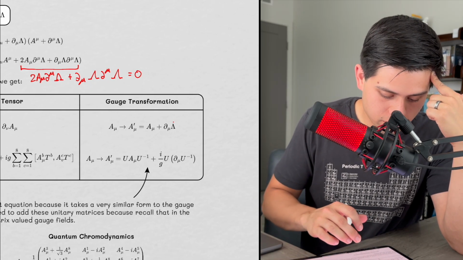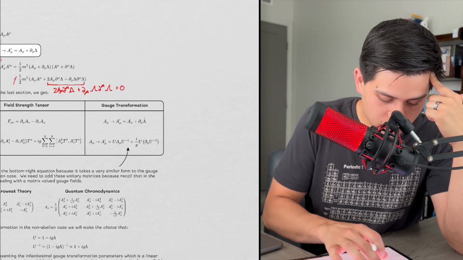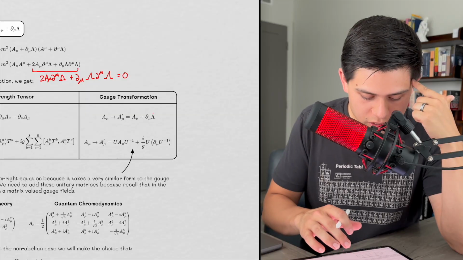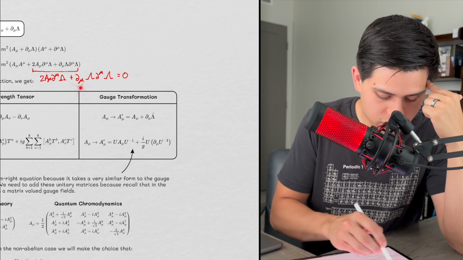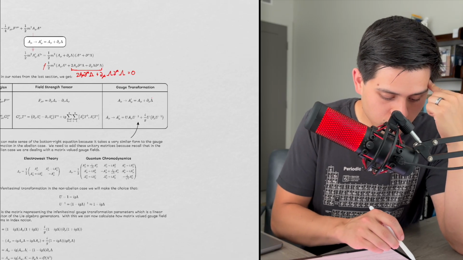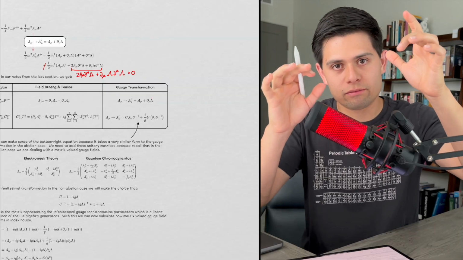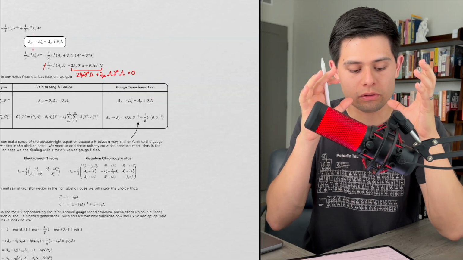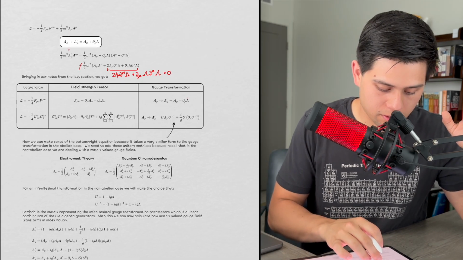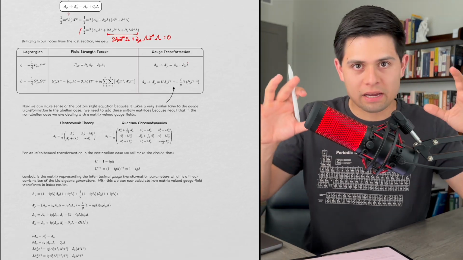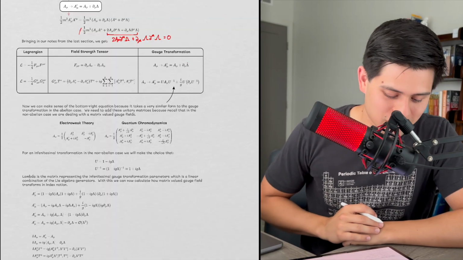And that's not a condition that we are willing to make. So it's not necessarily true. The mass term doesn't jive well with these 8 functions, so the mass term is going to break this symmetry. So if a particle has mass, good luck. The physics is going to be different.